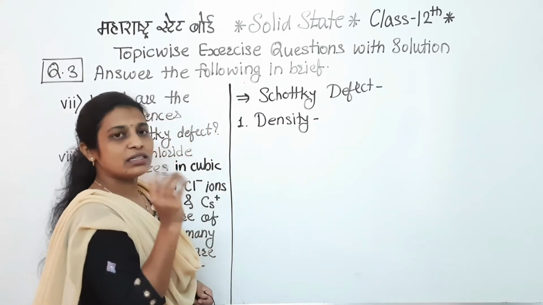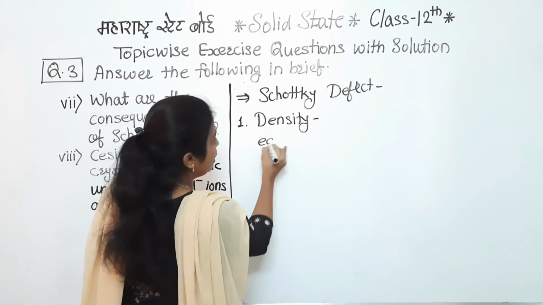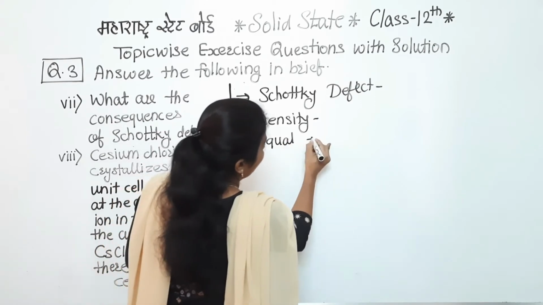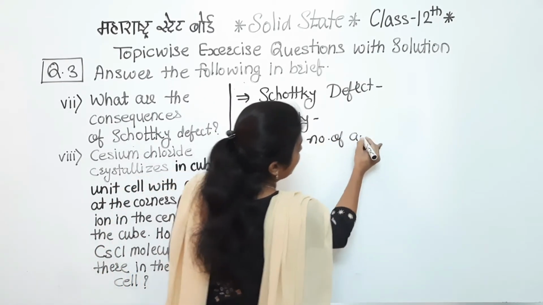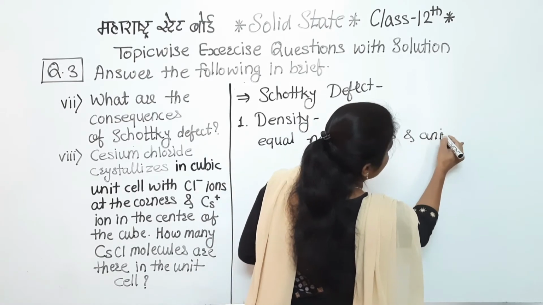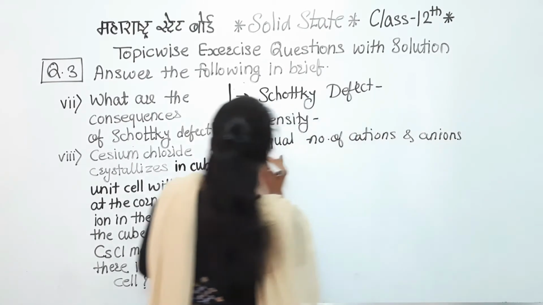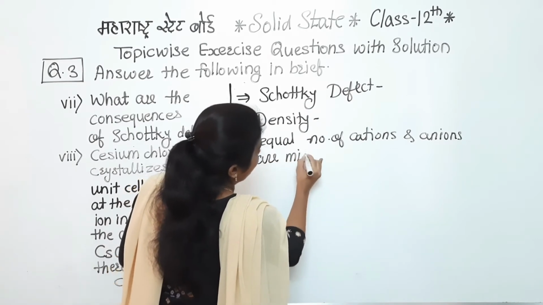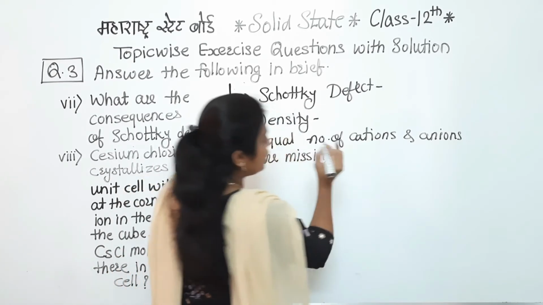If we consider the defect in which an equal number of cations and anions are missing, because of that, what will happen?